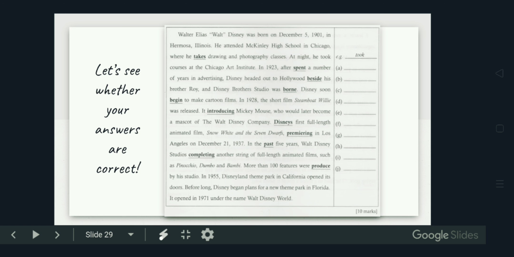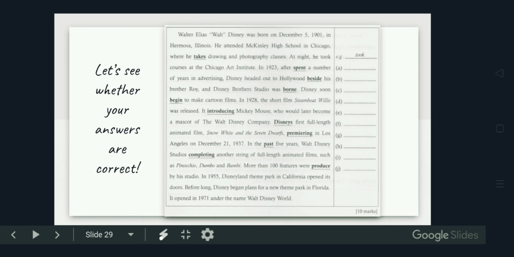In 1928, the short film Steamboat Willie was released, introducing Mickey Mouse, who would later become a mascot of the Walt Disney Company. Disney's first full-length animated film, Snow White and the Seven Dwarfs, premiering in Los Angeles on December 21, 1937.